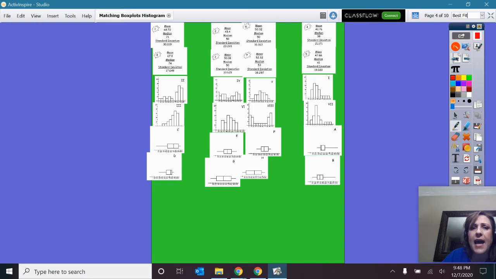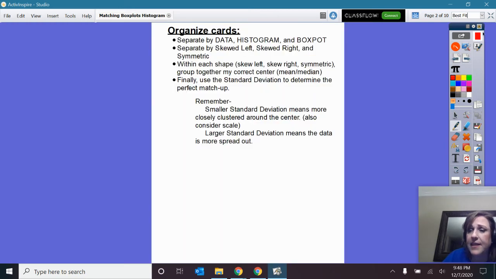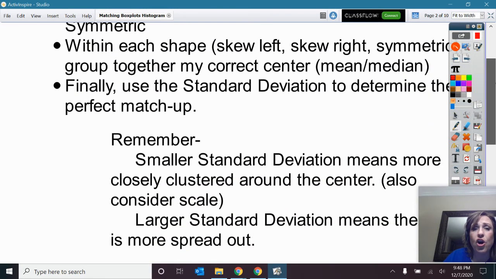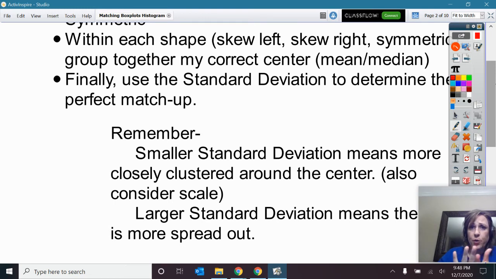After you do that, the next step is you want to take a set of cards. So put, say, the symmetric and the skewed right ones to the side. Keep them clustered, but put them to the side.